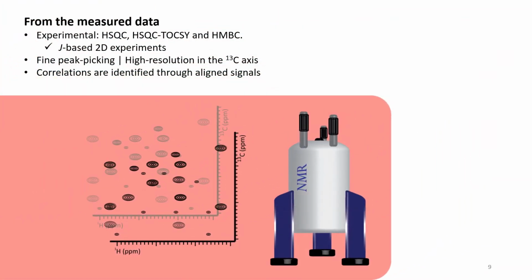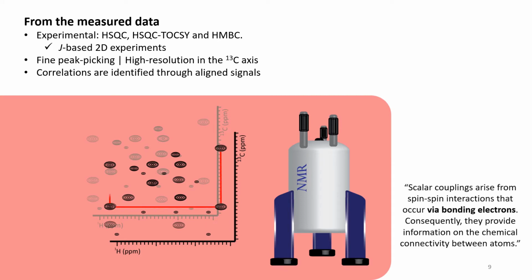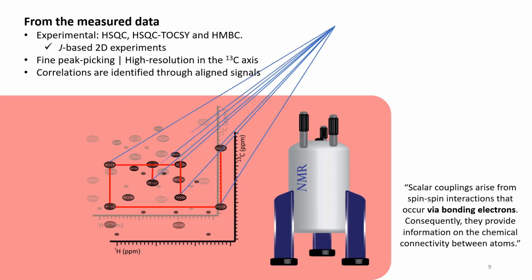This is one tricky part. Our approach requires a fine peak picking to map the correlations in HSQC, HMBC and HSQC-TOCSY spectra in order to define a correlation network among them. Note that we are using only scalar coupling constants to fish chemical shift values interconnected by 1, 2, or 3 covalent bonds.